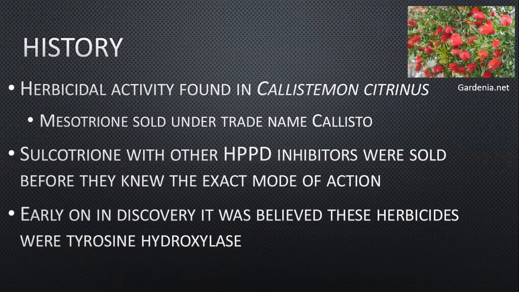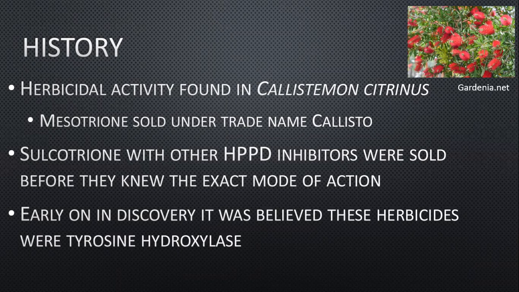So some history on this mode of action. We actually found one of our chemistries through a bottle brush plant in Australia, where scientists found that there were no plants able to survive around these. They were able to extract the actual herbicidal compound inside that plant, and then they were able to synthesize their own, and now we have mesotrione, sold under the trade name Callisto.